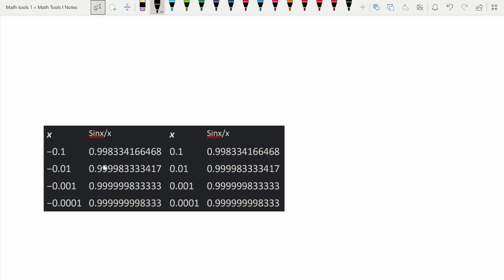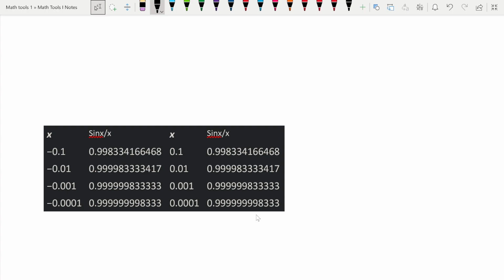And then we look at what the outputs are getting closer to. We can see that we just keep adding more 9s: 0.99, 0.9999, 0.9999999, and it just keeps going. So we can see this is clearly going to 1, or 0.9 repeating, which is the same as 1.